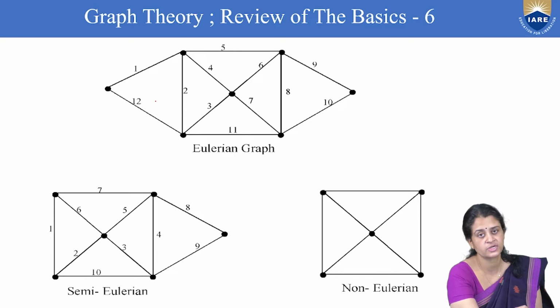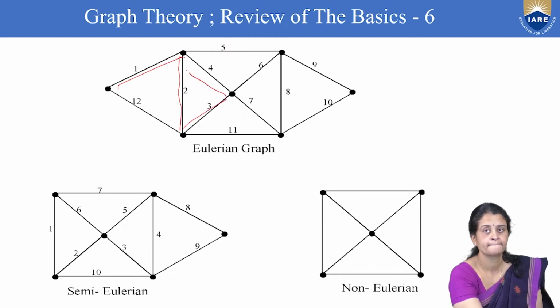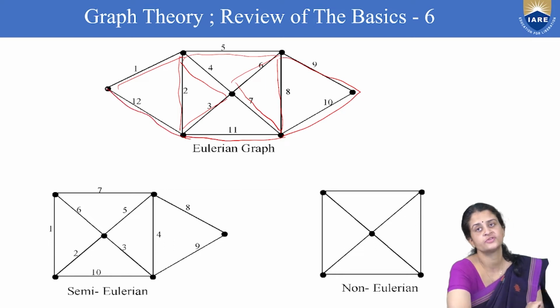It's a closed trail. That is, I am going through every edge like this. I am covering all the edges of this graph without going through the edges twice. So it is termed to be an Eulerian graph.